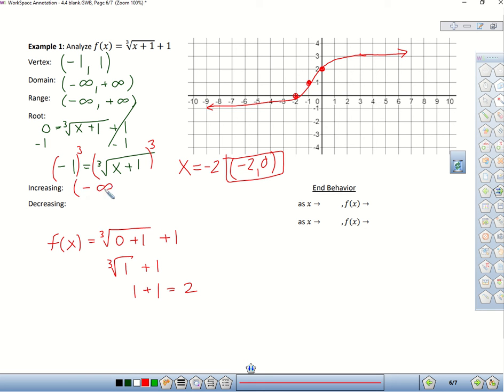So this graph is increasing forever. Is it ever decreasing? No, never. So it's always going to be either always decreasing or always increasing based on how it looks. Now the end behavior: as my x is on the -infinity side, my graph would be going down to -infinity. And as my x is on the positive infinity side, my graph is going to positive infinity. Just like that.